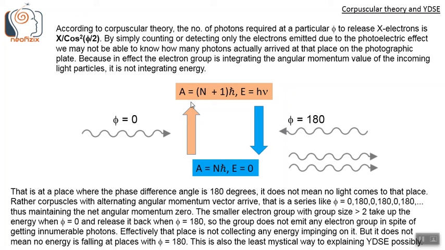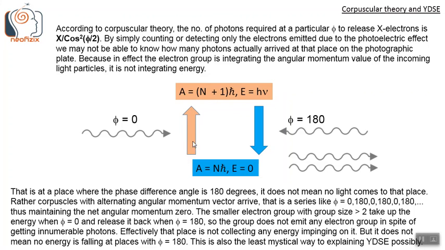It goes to N plus 1 h bar and E becomes h nu. So h nu is absorbed. But when 180 comes, it is not only reflected back, the h nu which was absorbed earlier is also given back, and the energy and angular momentum of this electron group comes back to the original state.